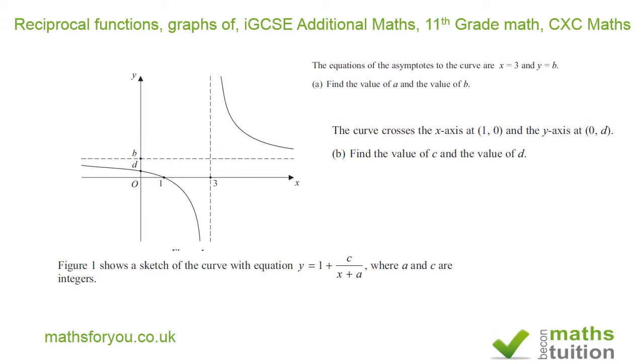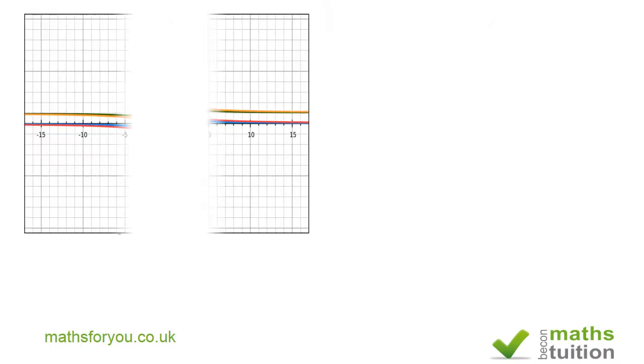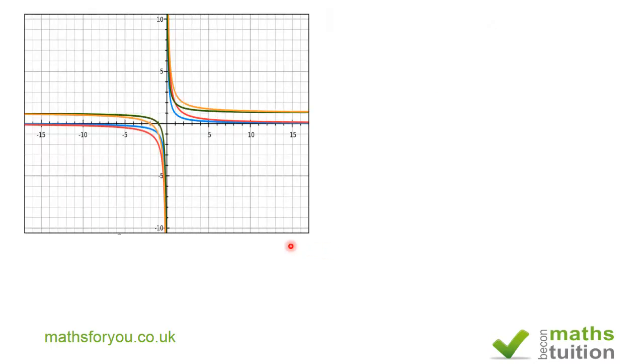Okay, now I'm going to introduce a series of graphs in the next slide. For this first set, I've got 4 different graphs here. Note that compared to the equation in the actual exam question itself, I've got 0 there and 0 there. So all I've really got is the equation y is equal to 1 over x, essentially.